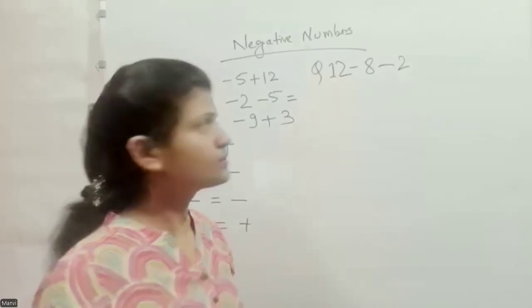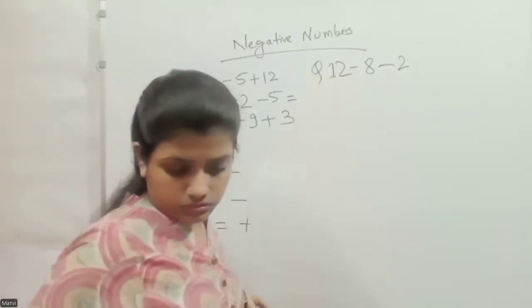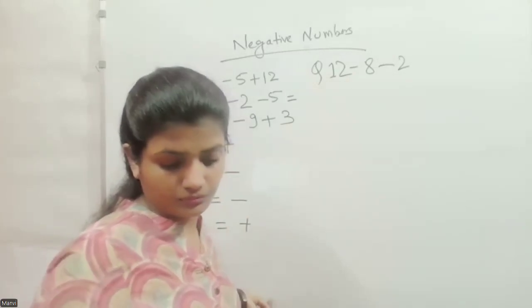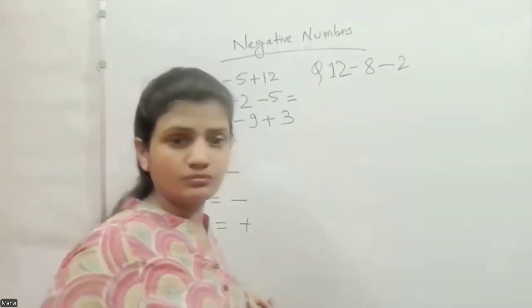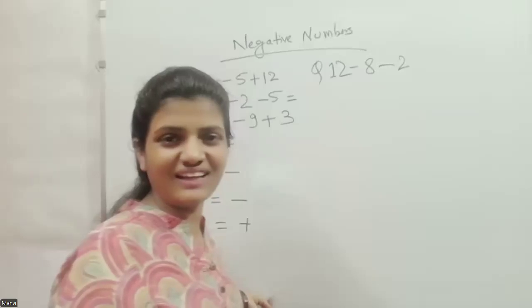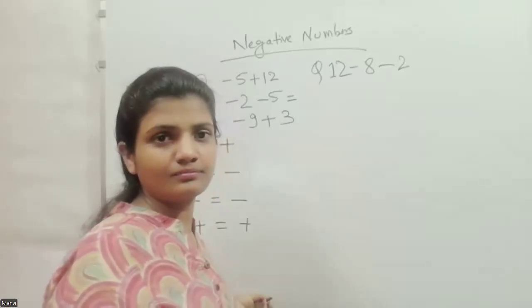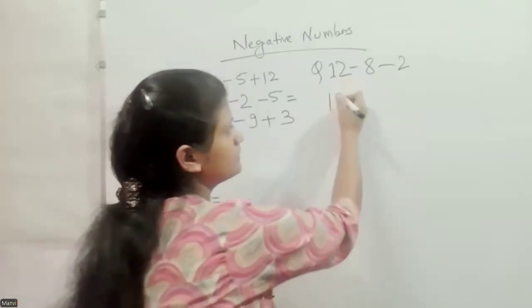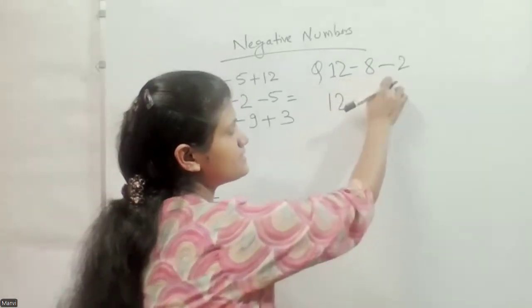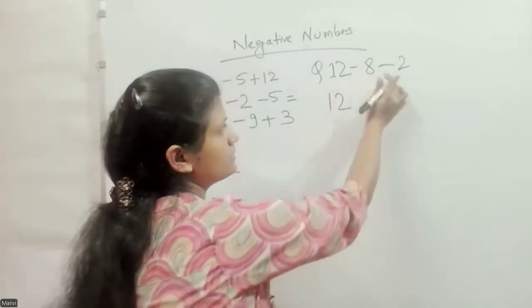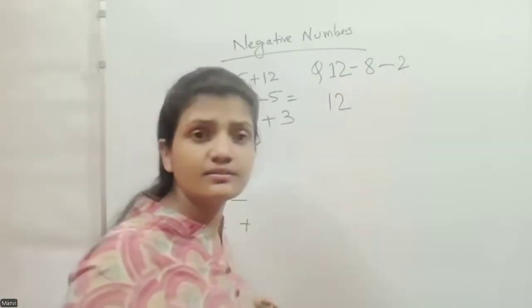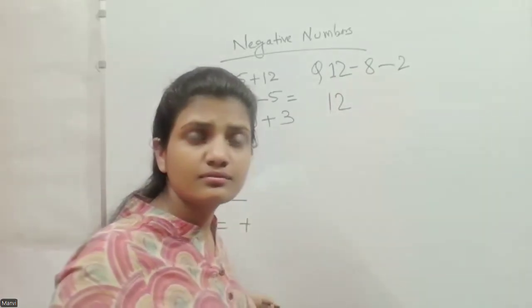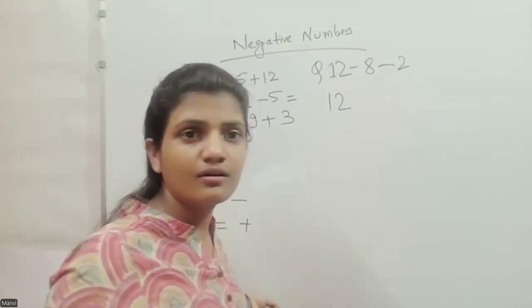Put the answer. Good, Rans. Can't see your board. This is 12 and this minus minus became plus. I can't see. Yes, Jessica? Can't see your board.